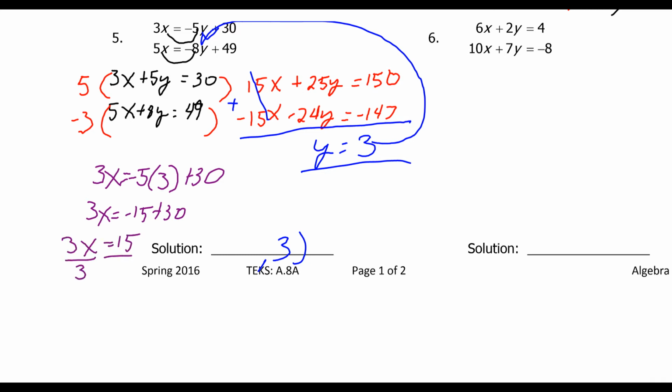Divide each side by 3, and x equals 5. Okay, so our final coordinate is going to be 5, 3.